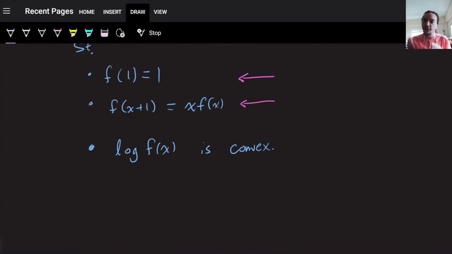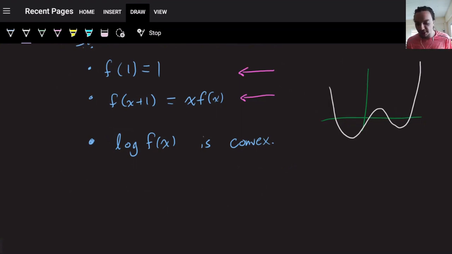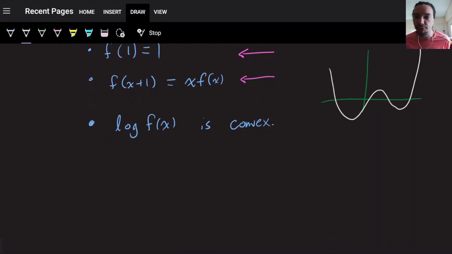What is log convexity? Well, if I take a function and I take its log, then I could ask questions about that new function that I get. In particular, I could ask whether or not it's convex or concave. So let me remind you what a convex function is. If you have a function, then this function is not convex because it doesn't look like a bowl. A convex function is a function whose second derivative is positive everywhere.